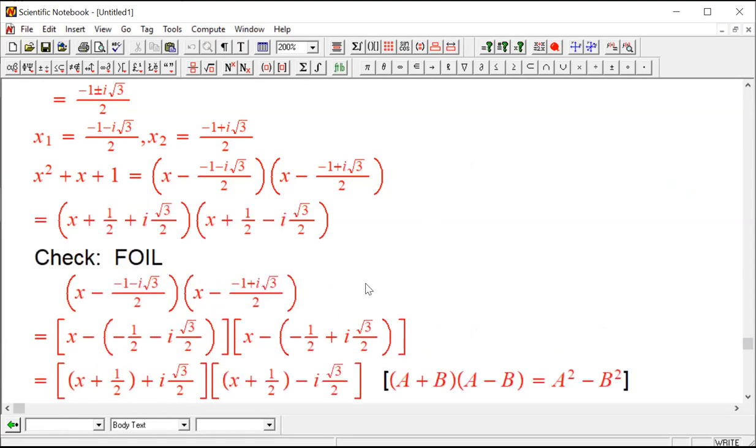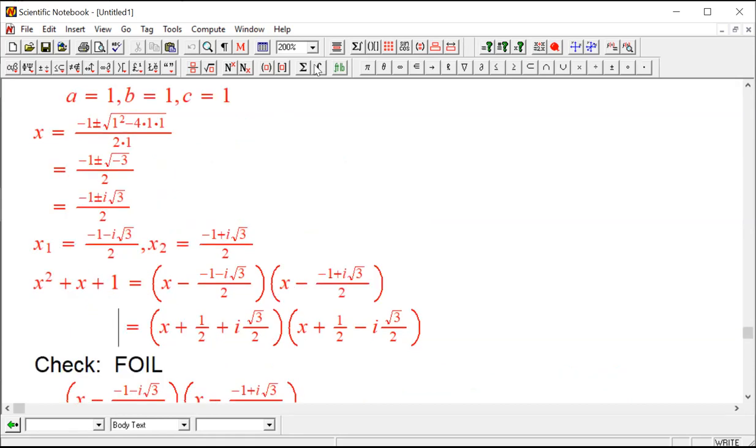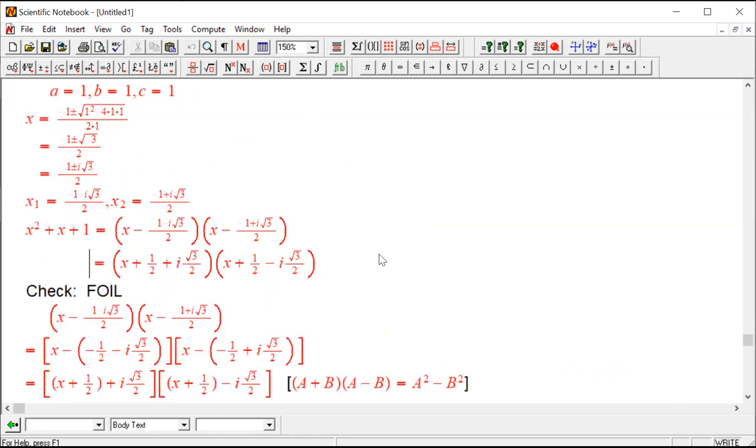So you use that no-fail method to factor, and in the end, you want to express it with the real part and the complex part separated. This is a no-fail method to factor.